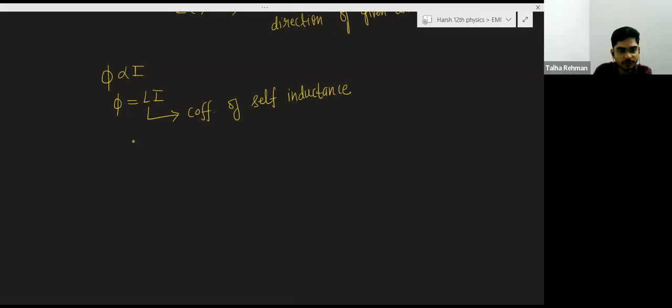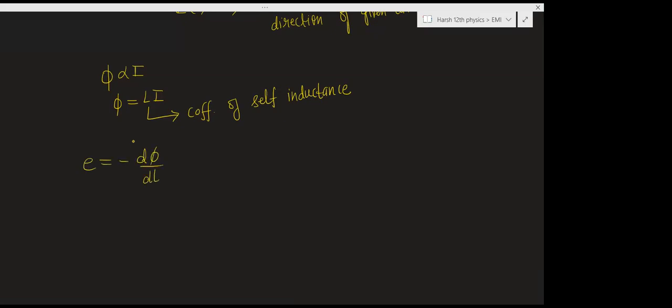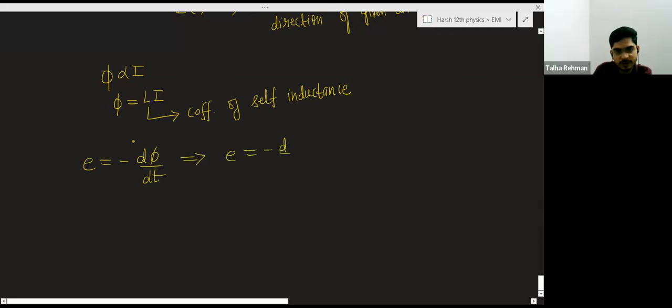Now, according to Faraday's law, we can write E is equal to minus d phi by dt, and phi is equal to L i. So the EMF we get is E is equal to minus L di by dt.